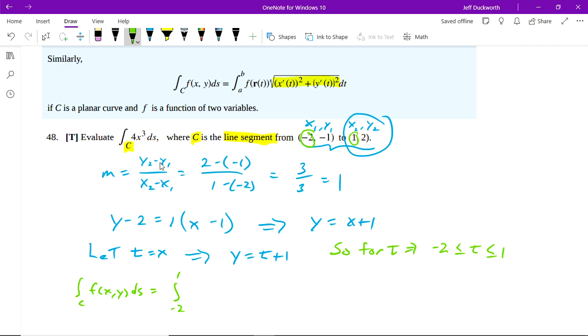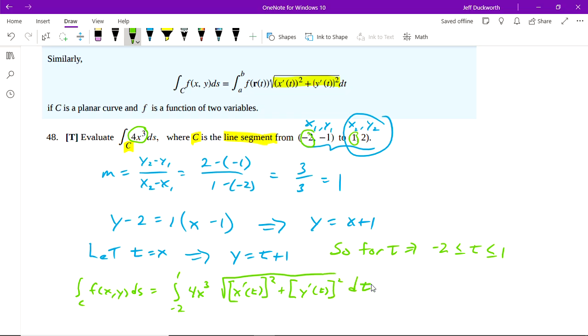So we're given in this problem that our function is 4x cubed. So that should be the first part. And then we need this other part here, the magnitude of the values with respect to t. So this is going to be the square root of x prime of t, quantity squared, plus y prime with respect to t, quantity squared.